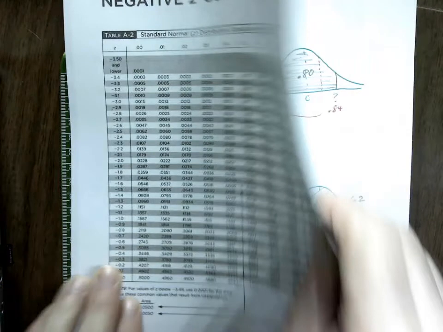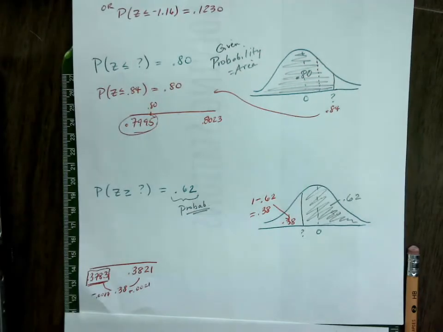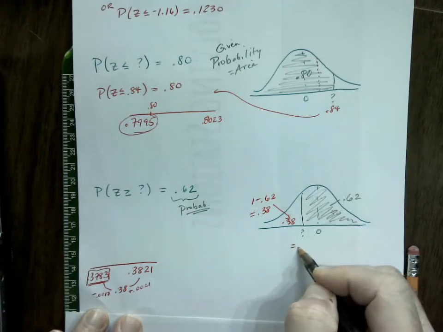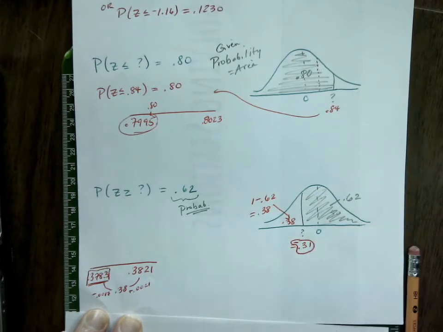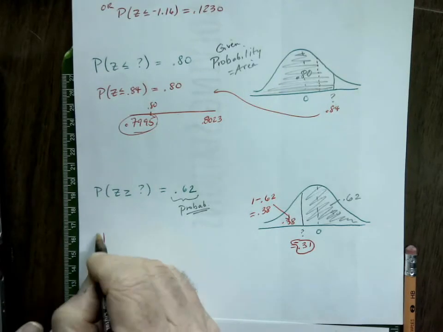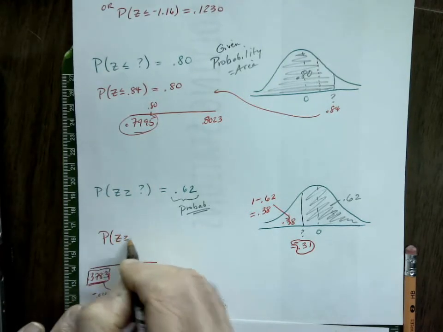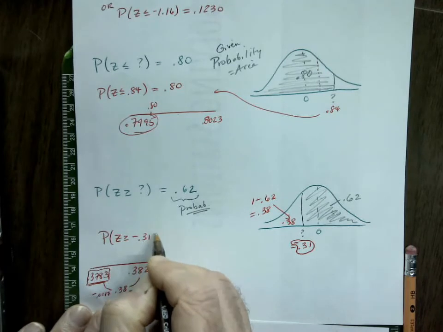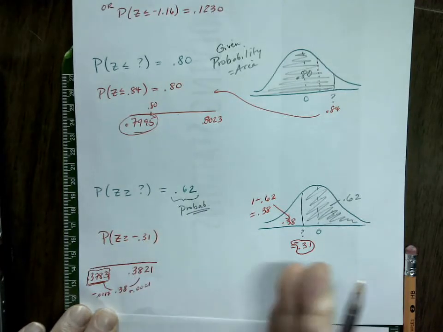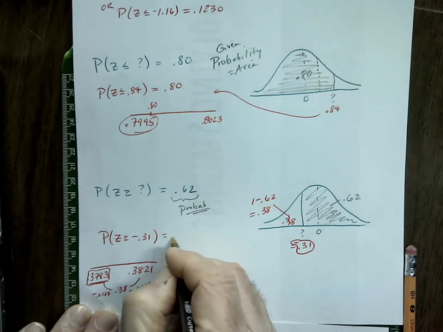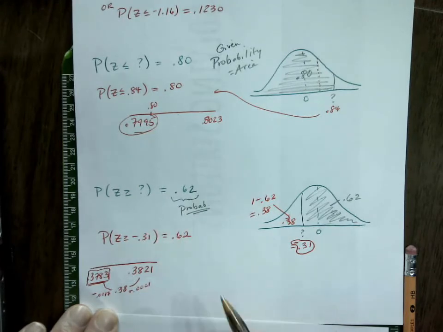So my z value now, right here, is negative 0.31. That negative is important, so let's not lose that because it's on the left-hand side. So what do we have? We have the probability that z is greater than or equal to negative 0.31, or 0.31 standard deviations below the mean, and that gives us an area or probability of 62%.